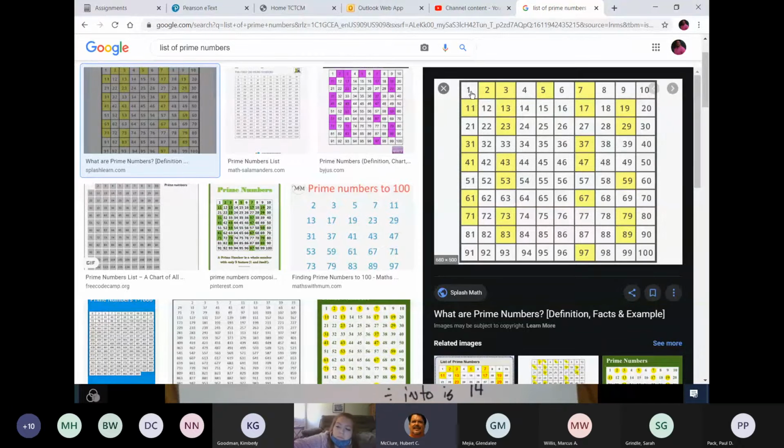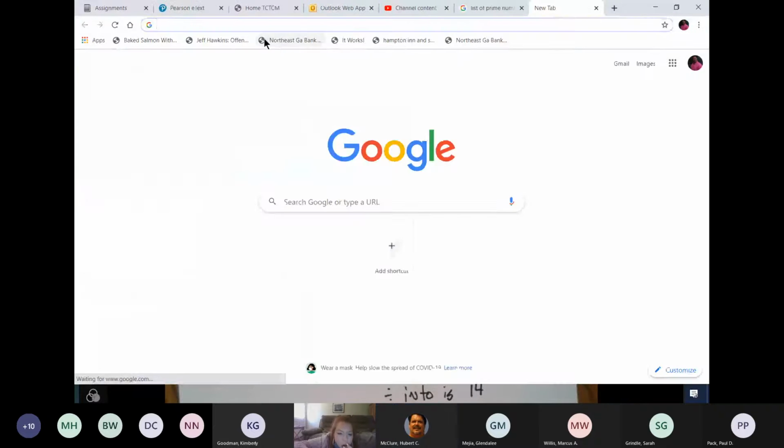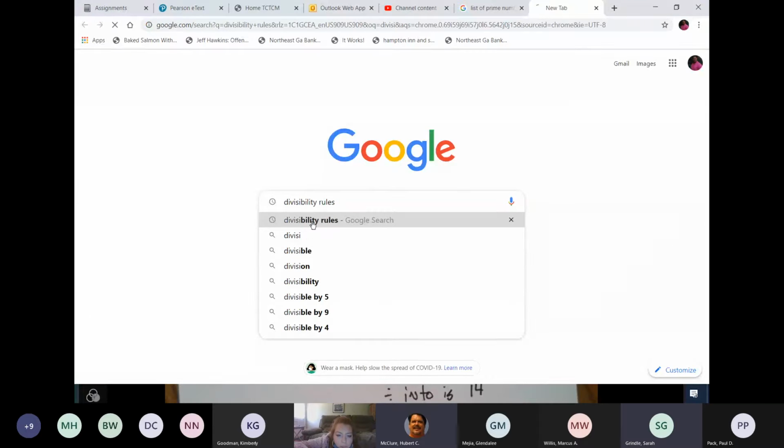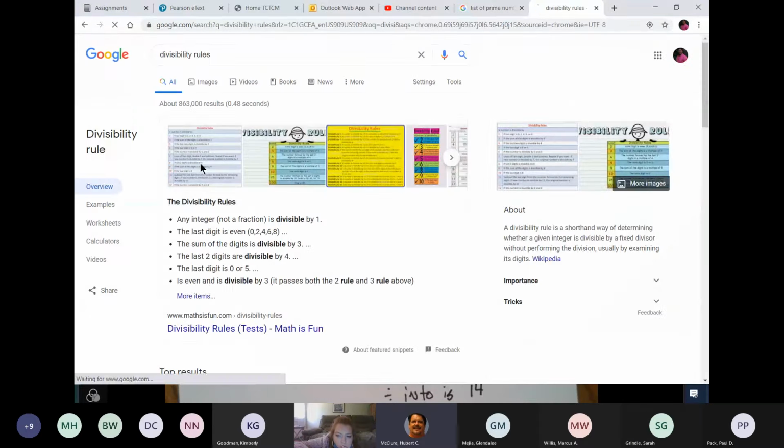So if you've got this on your index card, along with, what else, Miss Grindle? The divisibility rules. Like I said, I bet maybe 3 people in the classroom did this.